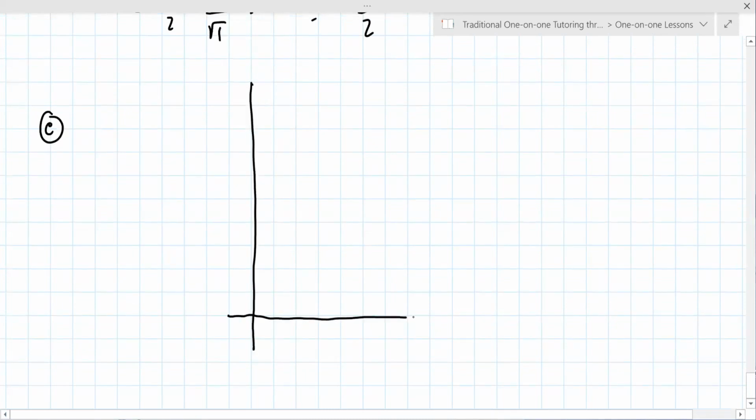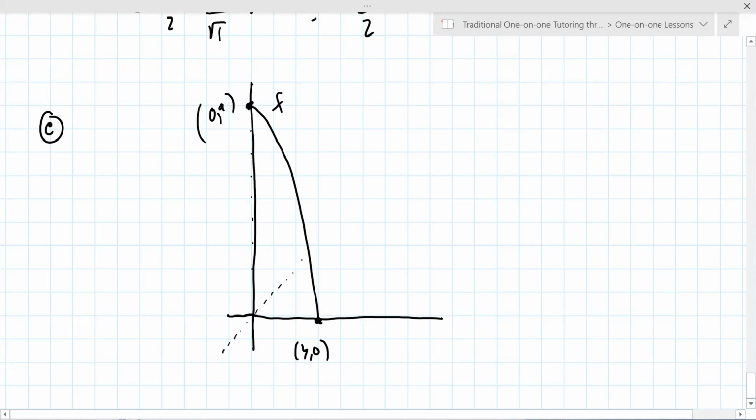You're doing good. So the first one says draw, and I'm doing this correctly now. That's F, 0, 9, 3, 0. That's F. And then it's reflected over the line y equals x.